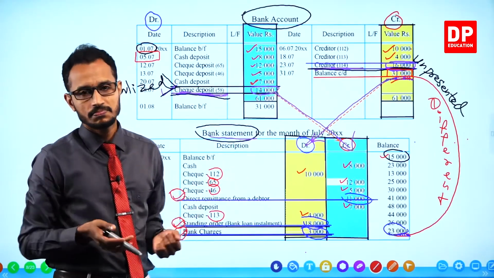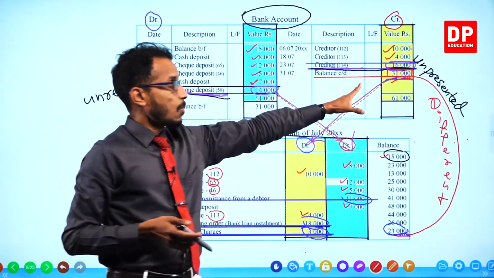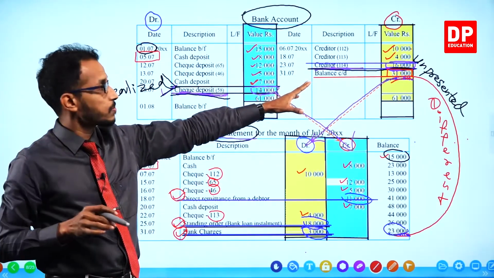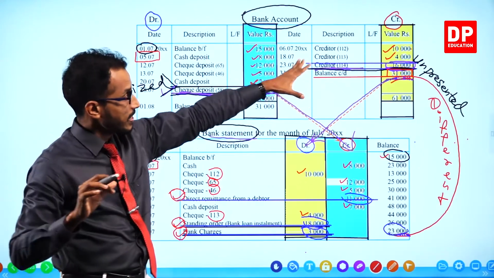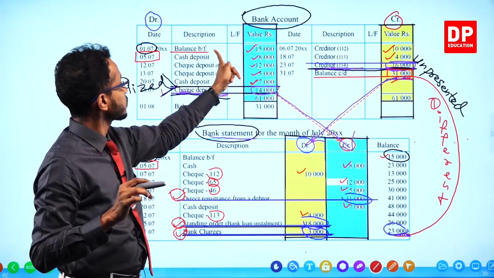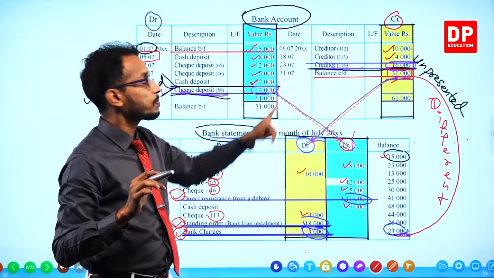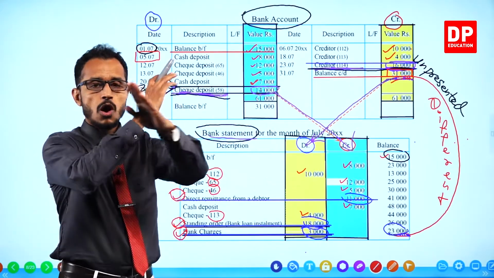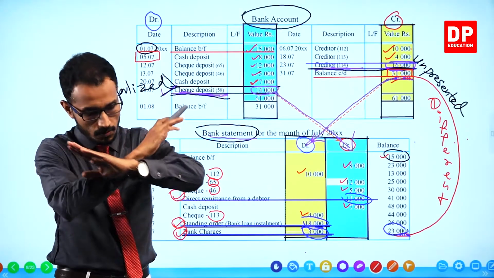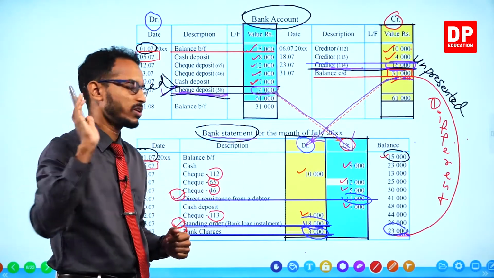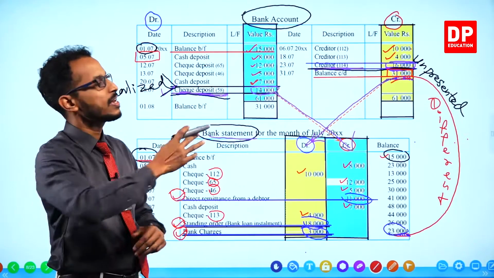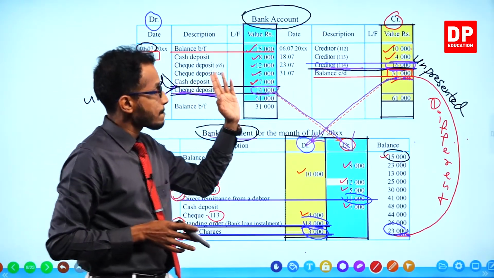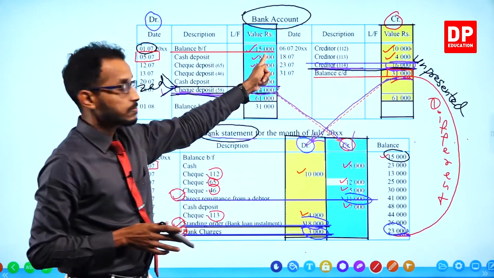Adjust, update. Remember, most of the time I have seen some children doing this. Doing what? They take the opening balance to prepare the adjusted bank account, updated bank account. Wrong. Your answer will be entirely wrong if you take this.